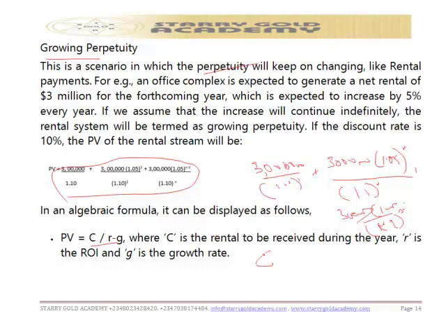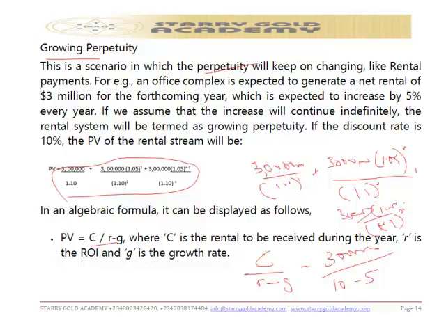For this one, the rent to be received every year needs to grow at 5%, and the rate of return is 10%, so it will be 3 million, all over 10% minus 5%. Whatever you get is the answer.